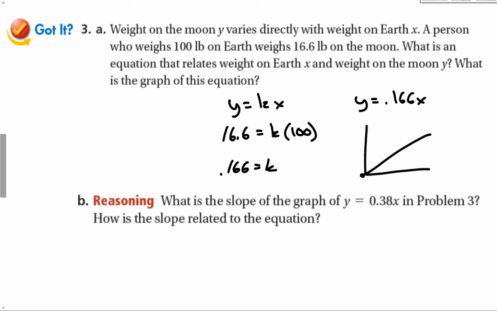Okay, so the slope is going to be 0.38. And how is the slope related to the equation? The slope and the constant of variation are always going to be the same. Okay?